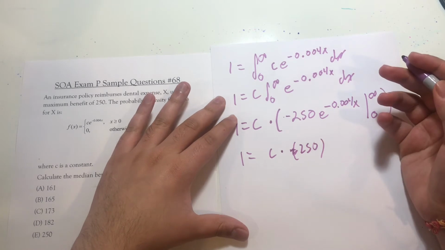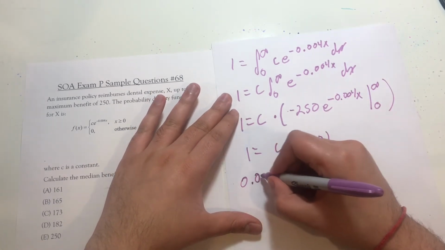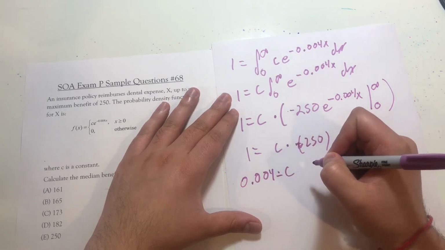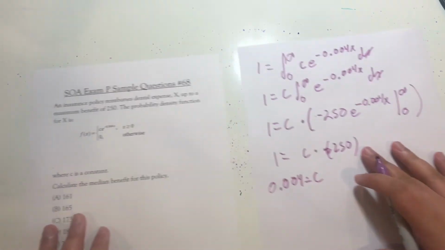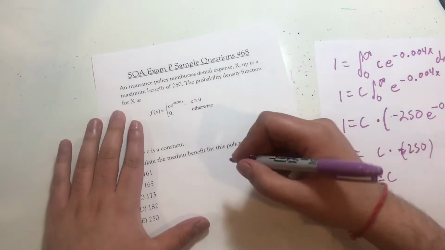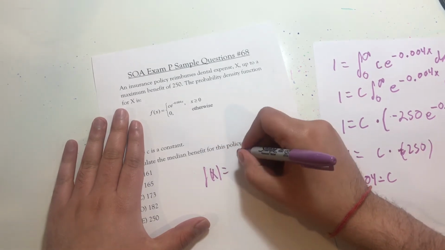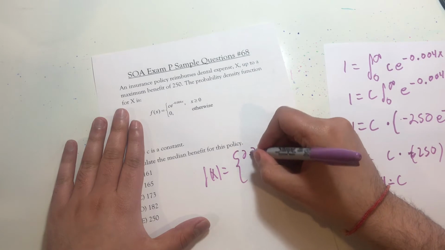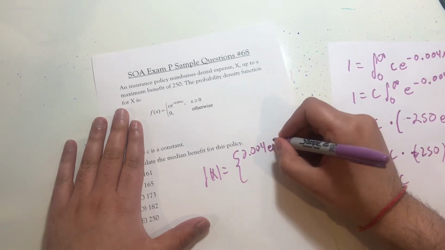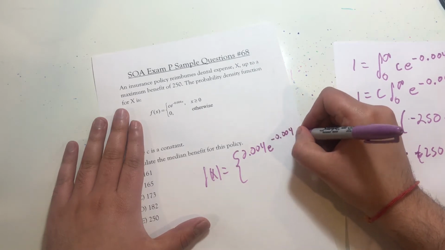Then I can divide on both sides, and that happens to be 0.004 equals C. Neat. So plugging in 0.004, we get the following: f of x is equal to 0.004 multiplied by e to the negative 0.004 x.